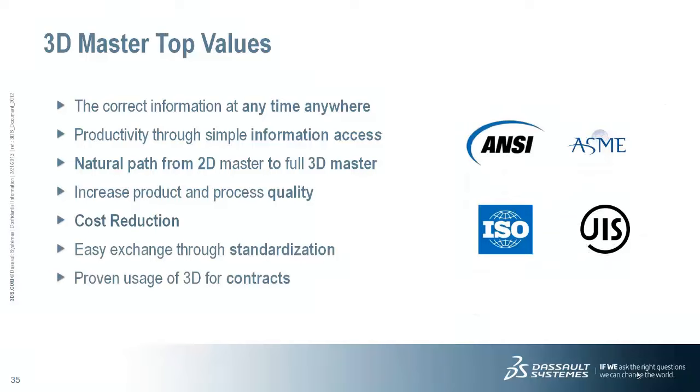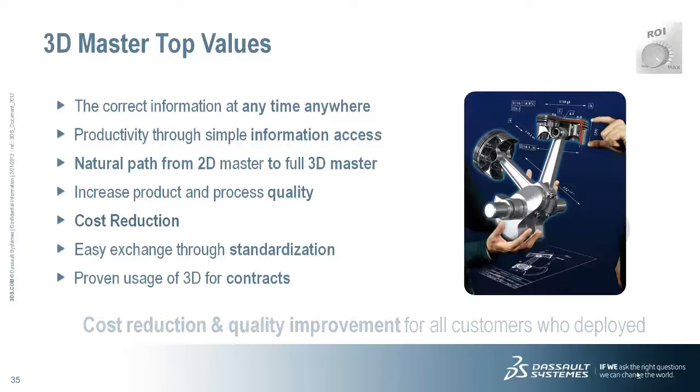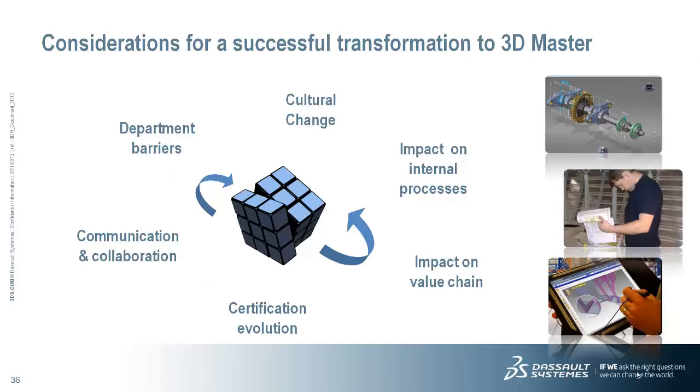More and more, 3D is becoming the contractual data set. So the cost reduction and the quality improvement are available for all customers who deploy 3D Master. And finally, we also have to consider and manage what it takes to make a successful transformation. How do you get from what you have today to what you target?